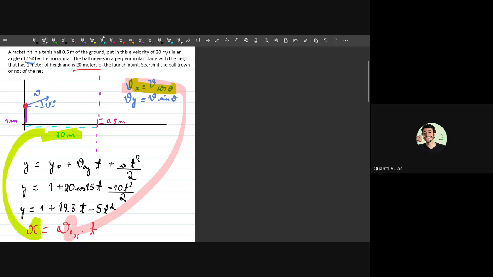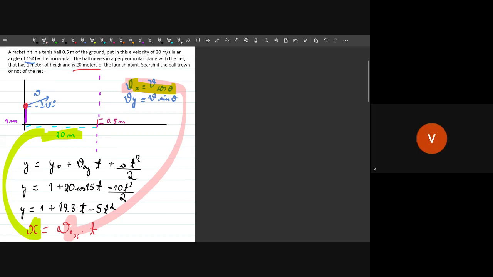You need to put these values in these places and get the value of t. Then when you get the value of t, you put this t in the other equation and get the value of the height. Can you try this for me? If you try, send me a photo and I will do the corrections, okay?